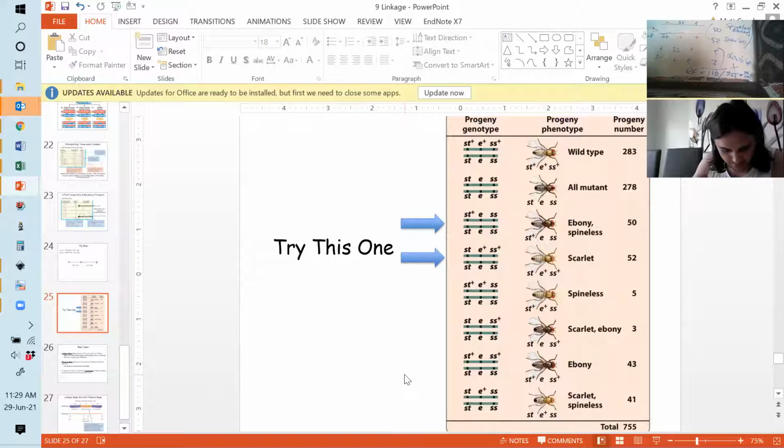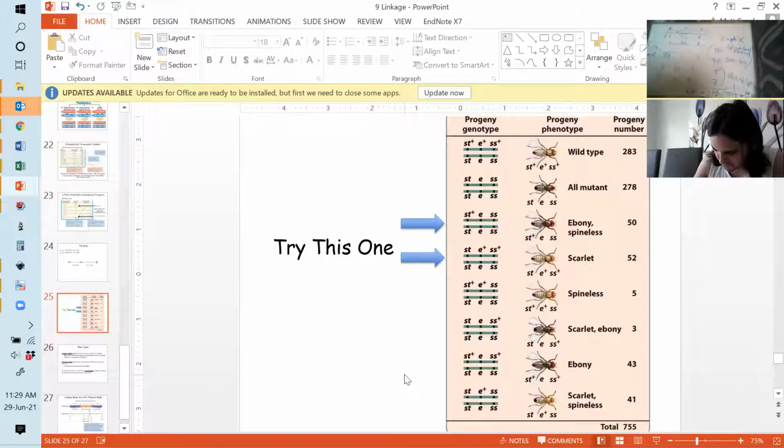Right, so you have the probability of having a crossover here times the probability of having a crossover here. That will give you the double crossovers, right? So they're always the ones with the smallest numbers, without exception.